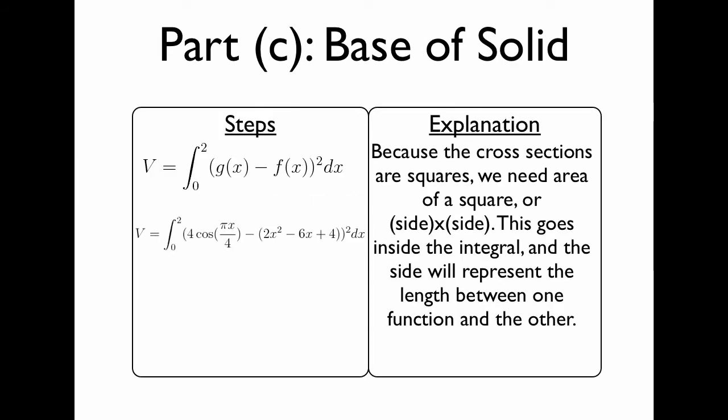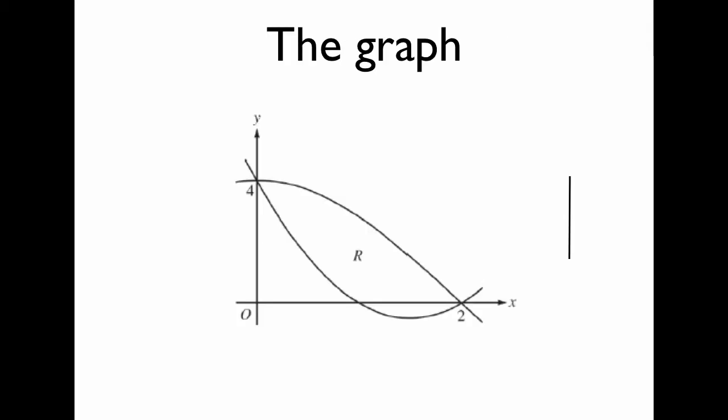Okay, the last part, again, a commonly asked question, asked us for the base of the solid. So the region R is the base of a solid, and we're building up a solid by using square cross sections. Now, as we look at the problem, it tells us several pieces of information we need to know. So I'm going to go back to the graph for a minute here.